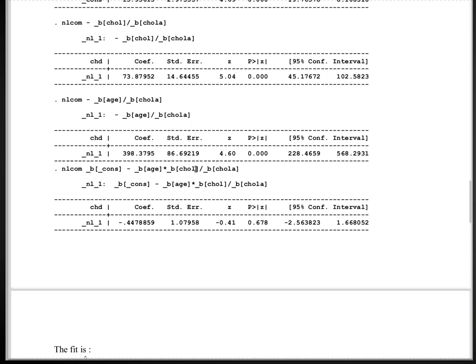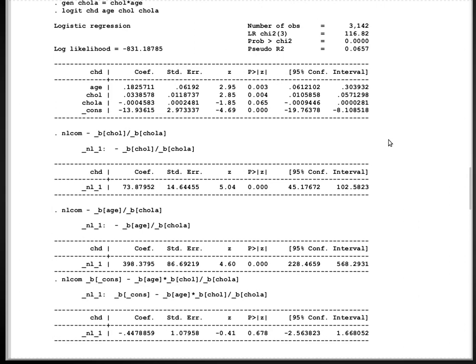As I'm noting for you here, we can use in Stata the post-estimation command NLCOM, which is for nonlinear combination. We've now got all of the essential features that we might want for understanding the extent to which the log of the odds of coronary heart disease is impacted by one's cholesterol level.